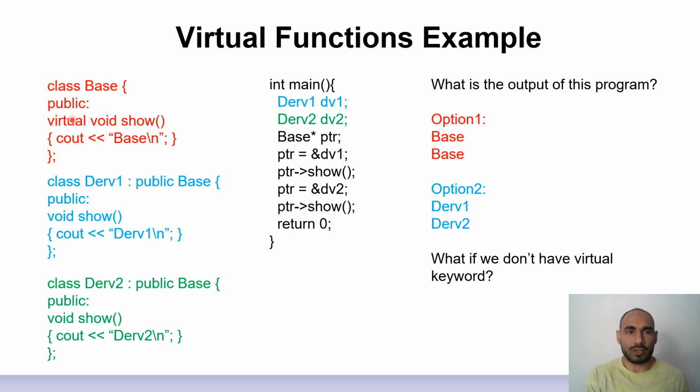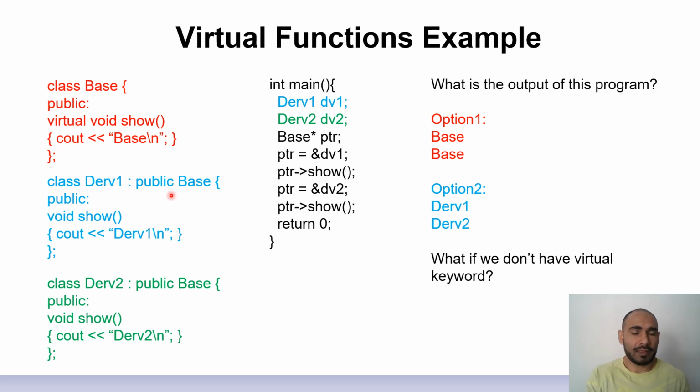And we have kept the content of these classes to a minimum because we just want to illustrate how virtual functions work. So in the base class, we have a function called show, and it just displays the message base whenever this show function is called. Don't worry about this virtual keyword here.